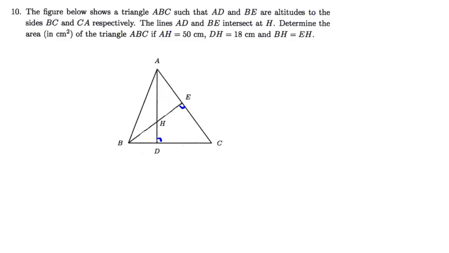The lines AD and BE intersect at H. H is the orthocenter. Determine the area of the triangle ABC if AH equals 50, DH equals 18, and BH equals EH.